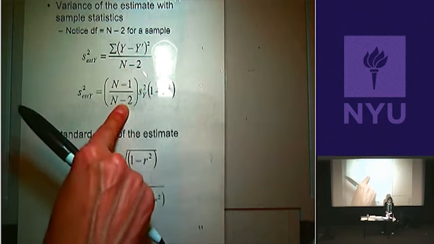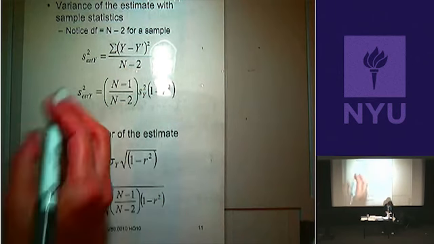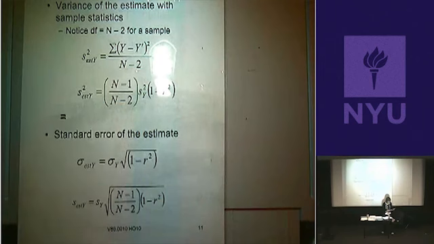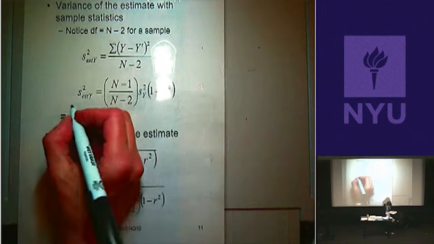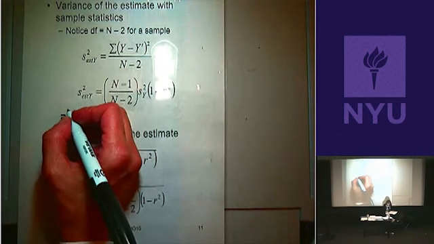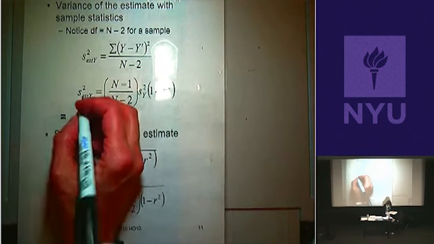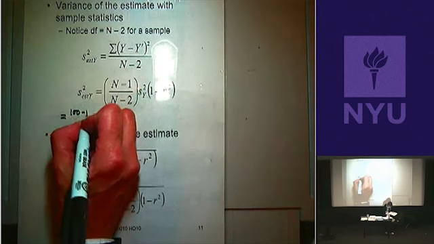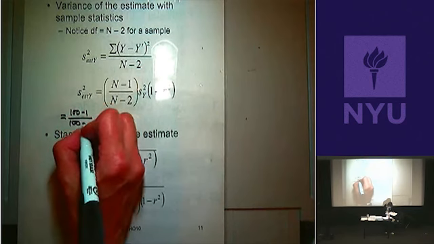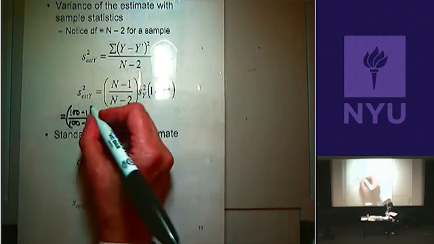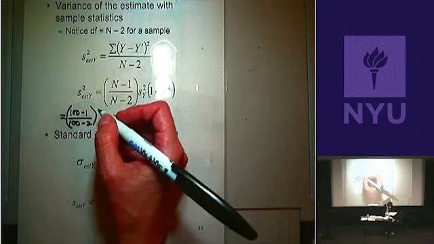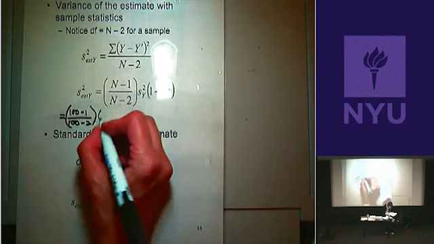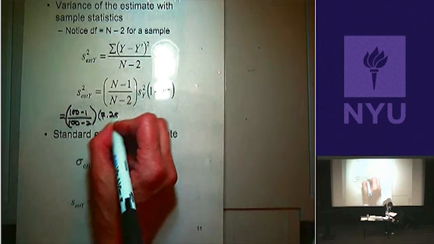So let's actually do that for this example. What's N here? It's in your data. 100. And I didn't give you the variance of the y-scores. I gave you the standard deviations.